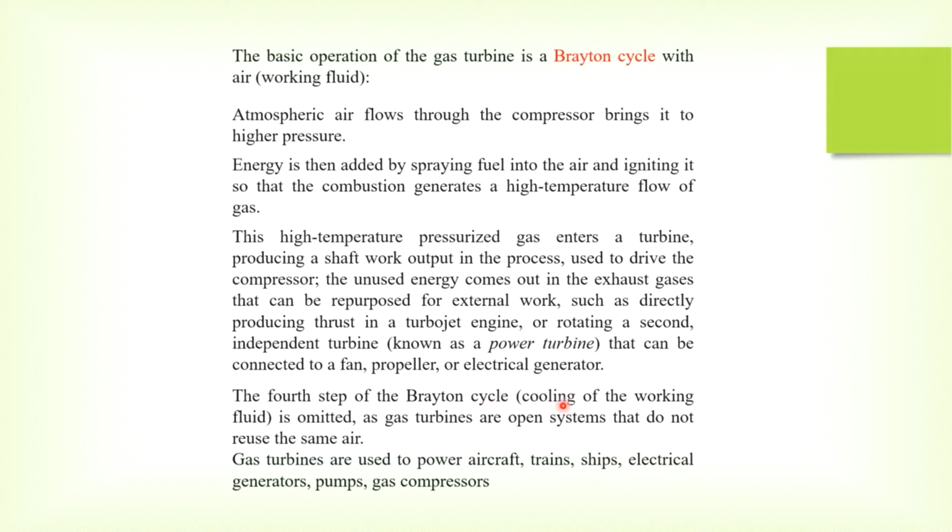So cooling of the working fluid is omitted in the gas turbine cycle, as gas turbine cycles are open systems that do not reuse the same air. Gas turbines are used to power aircraft, trains, ships, electrical generators, pumps, and gas compressors.